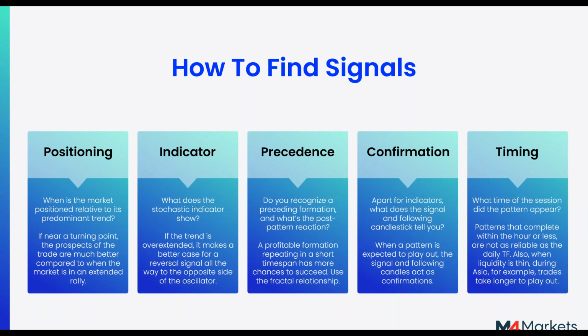So if you're trading the 1 hour or the 4 hour, you might see a pattern appear during Asian trading, or during Australia, or during London, or whatever. This matters, okay? Because if the market is not as liquid, let's say outside London, like in Asia, or even New York after London sometimes, then that is not going to be as reliable, because you need the liquidity to have this play out appropriately.